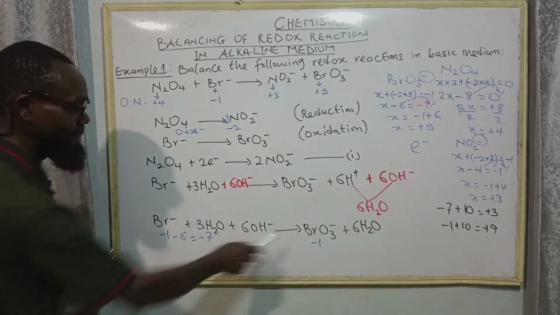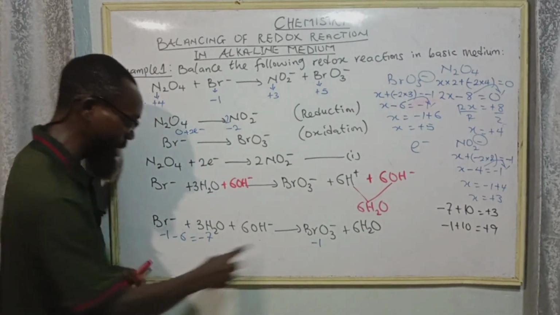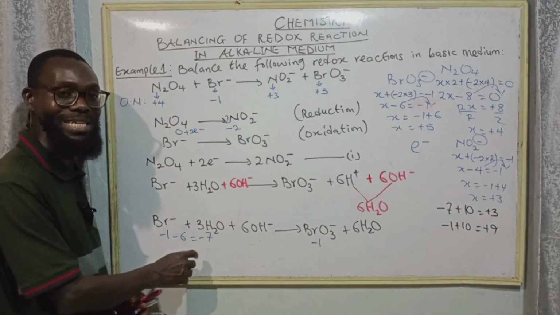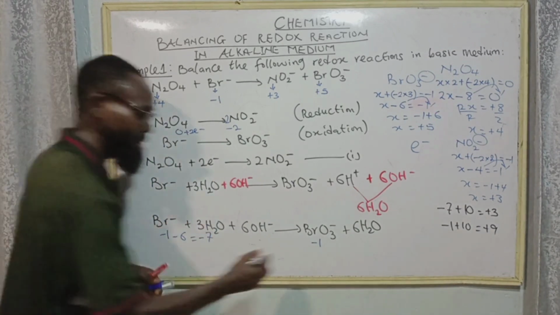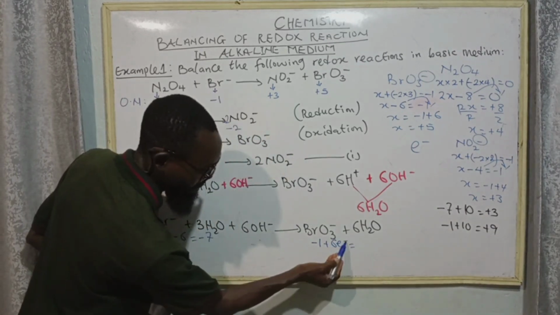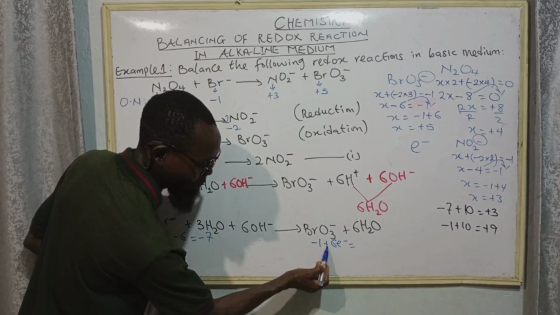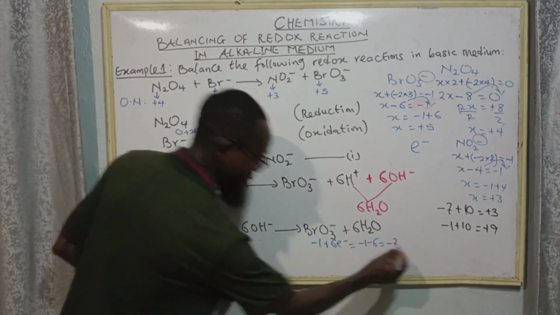So I'm adding my electron here. How many electrons am I going to add to -1 to give me -7? Meaning that electron, you know electron is negatively charged. I'm going to add 6 electrons. Look at this. Minus sign is plus, minus. So I'm going to have -1 minus 6. Give me what? -7.